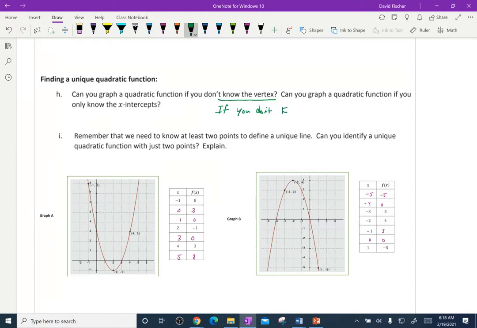If they just say, give me a coordinate here, I have no idea where I'm aiming for, where my vertex is. I don't know if my vertex is up here, so I don't know if my line's going to go this way, or if it's going to go down this way.